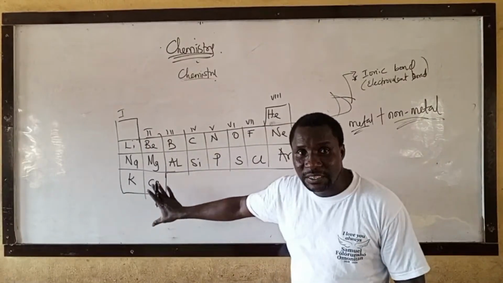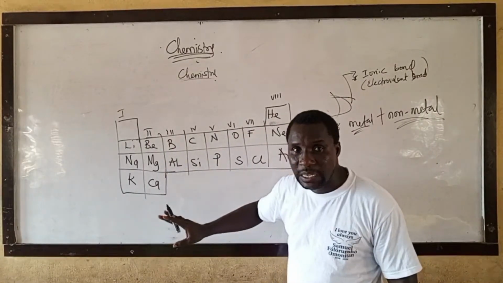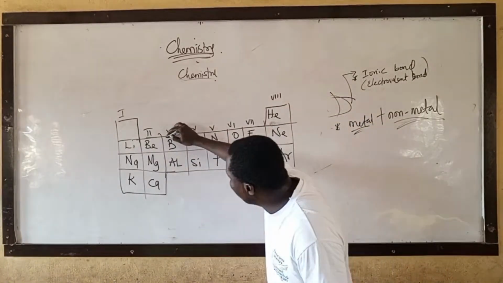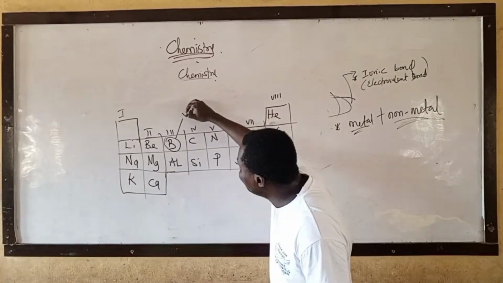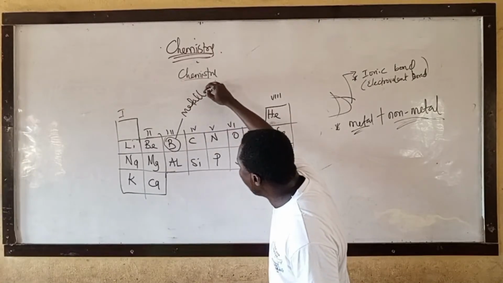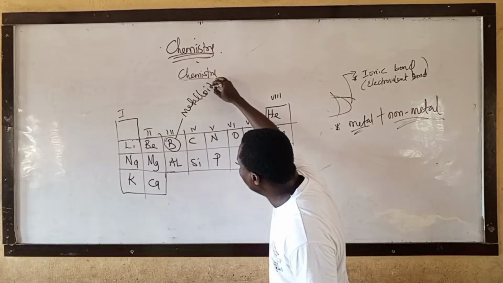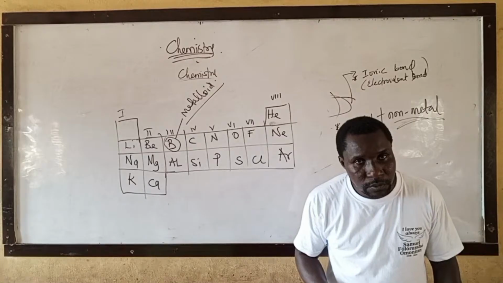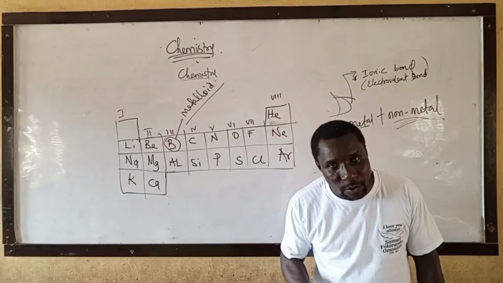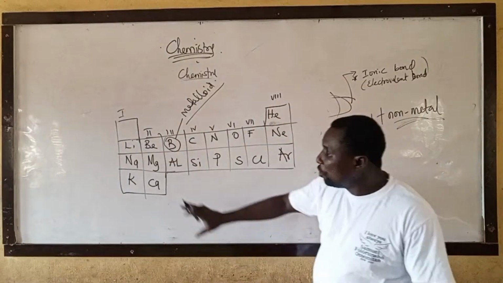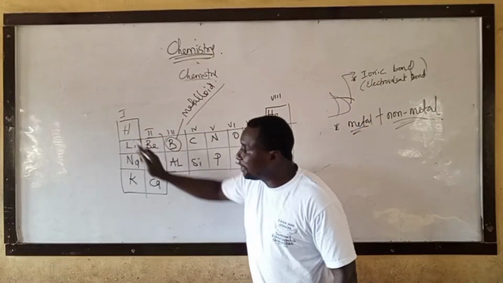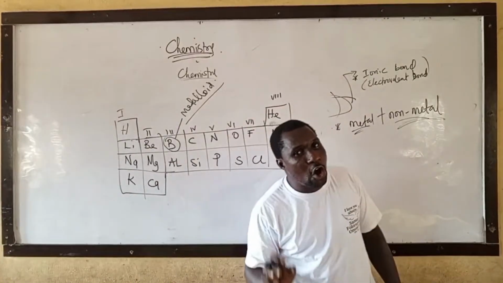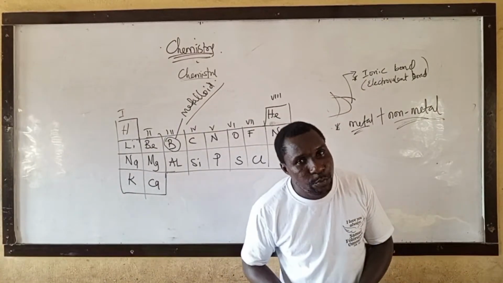Group 2 elements are also metals. Group 3 elements are also metals, except for boron, which is a metalloid. Take note. Hydrogen is here in group 1, the only gas in group 1.